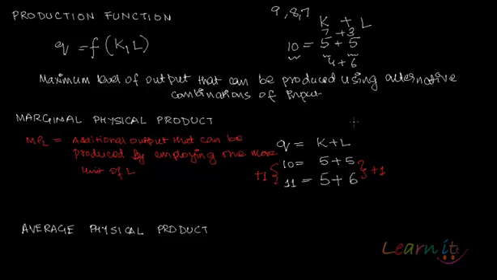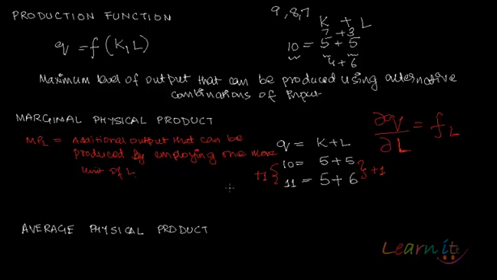It tells you the change in output when there is a change in input: how much output is going to change when input changes. It is also written as f sub L. Here small f is the production function, and the subscript L tells you this is the partial derivative of f with respect to L.